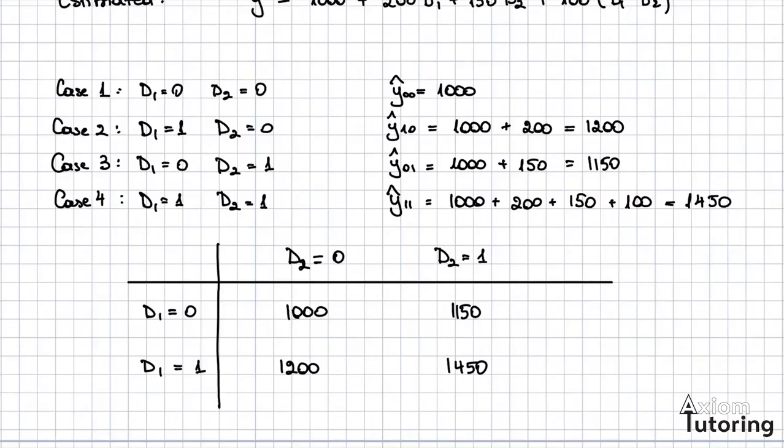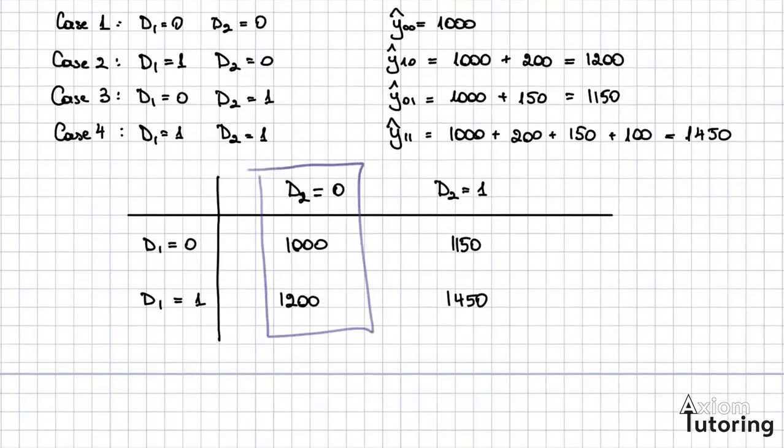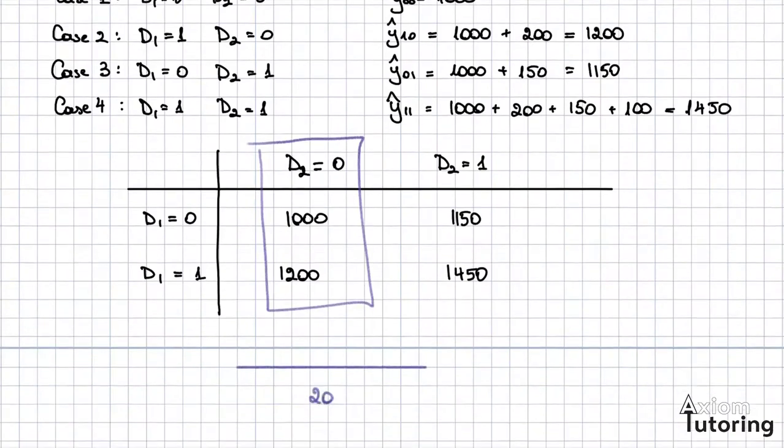Well, we can see that the effect of employment when not trained, so again, I'm going to concentrate here in this column, the difference of you being employed when you have no training is literally just 200. Okay? And then the effect of employment when you are trained is just the difference between these two numbers in this other column, and it's clearly just 300.